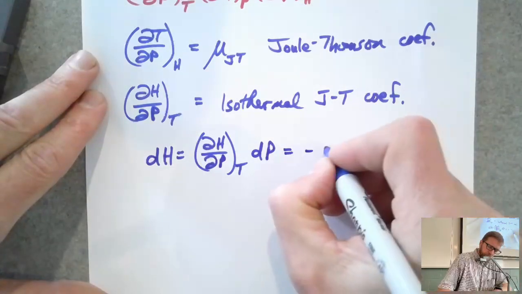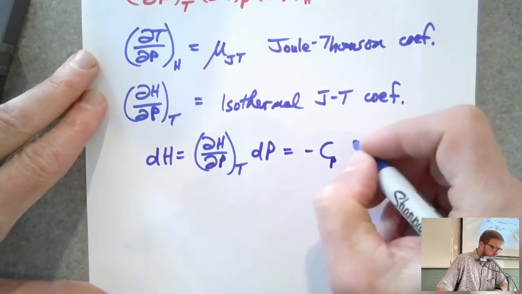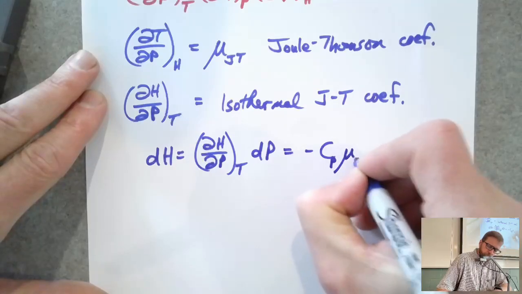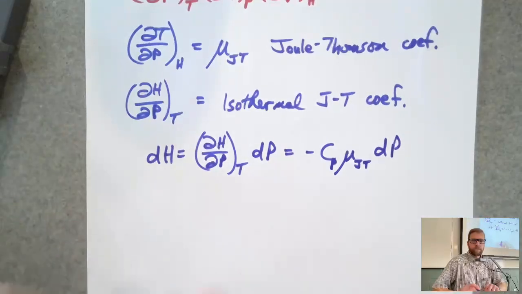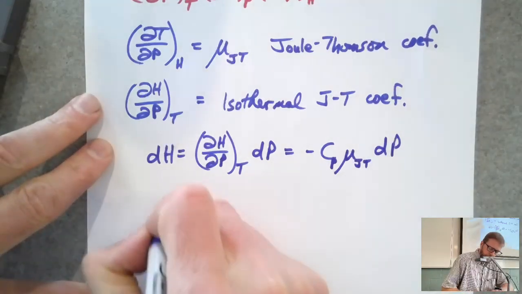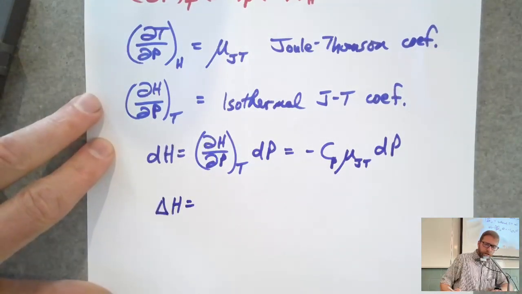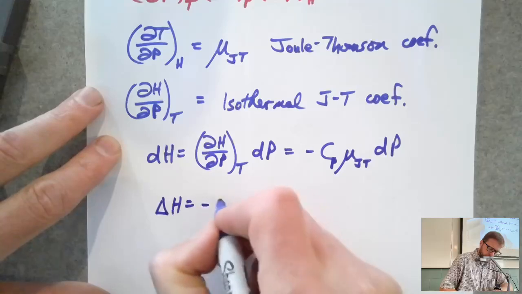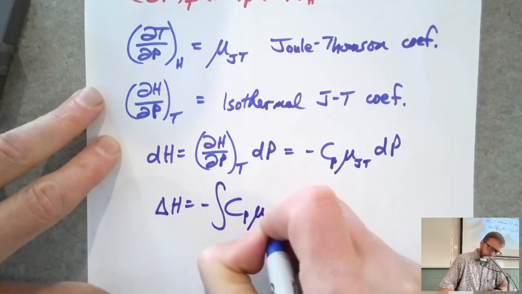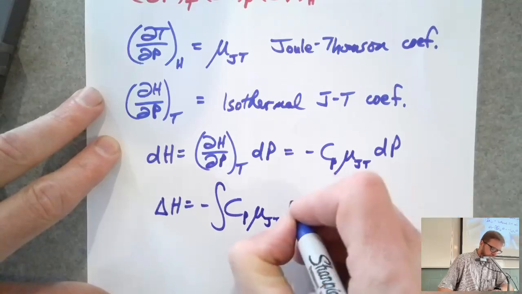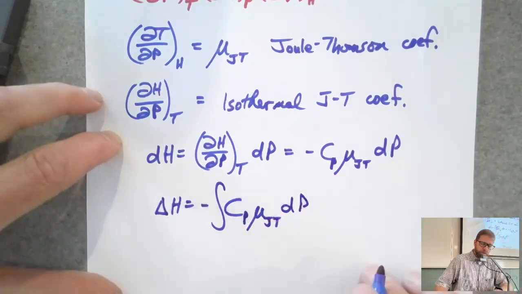And this is equal to negative Cp mu subscript JT dP. Or, if I want to write this out in integrated form, delta H is the integral of Cp mu JT dP.